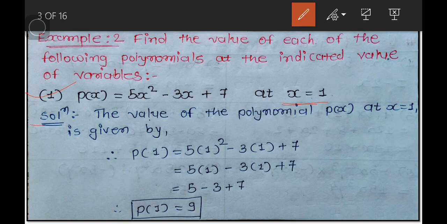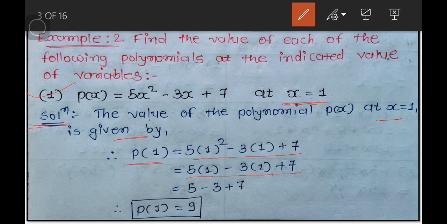So the solution of the example: the value of the polynomial p of x at x is equal to 1 is given by, here we replace x by 1 in polynomial p of x. So we get p of 1 is equal to 5 into 1 raised to 2 minus 3 into 1 plus 7, which is equal to 5 into 1 minus 3 into 1 plus 7.